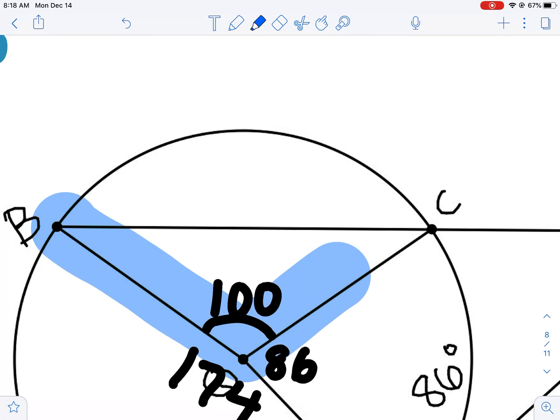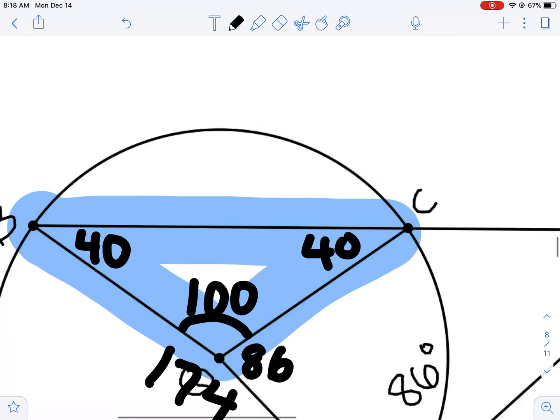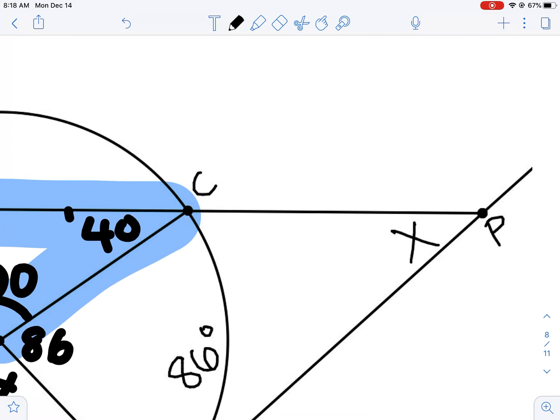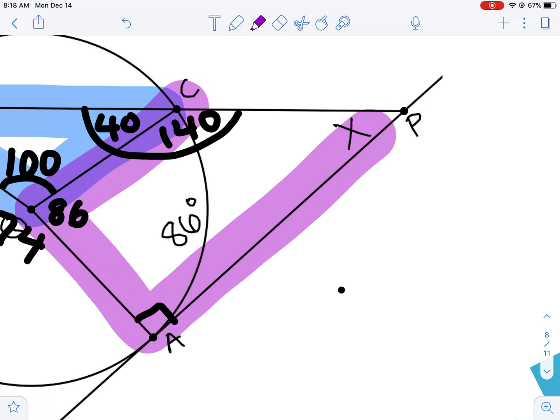Then I know this is an isosceles triangle. If I've used 100 degrees, there's 80 left for my two base angles. So each one gets 40. The 40 and this angle make a linear pair, so this must be 140. And now I can say, hey, guess what? This is a quadrilateral.